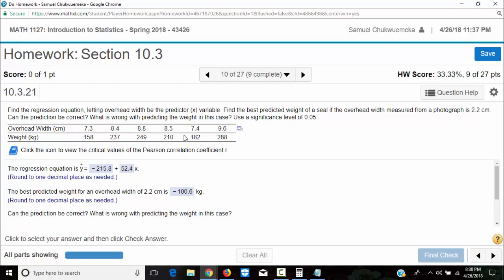You actually use this least squares regression equation if you find out, number one, that there is a relationship. It could be a positive linear relationship or negative linear relationship.